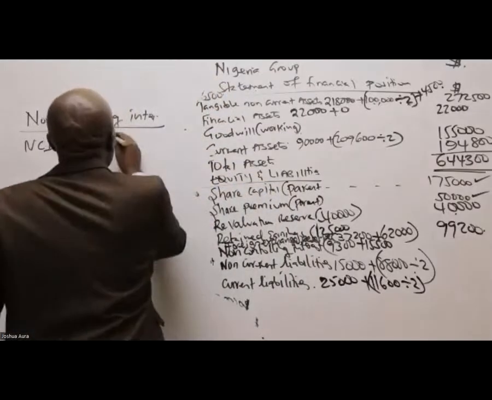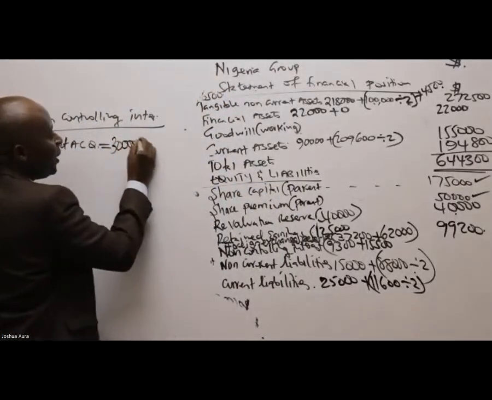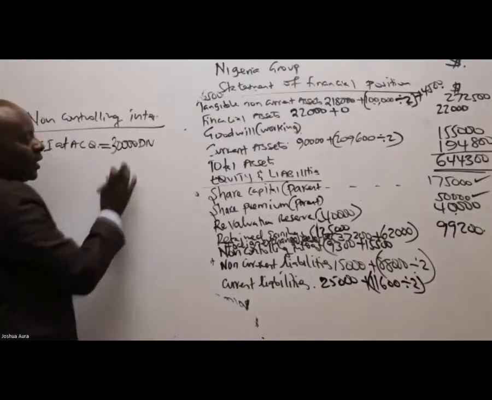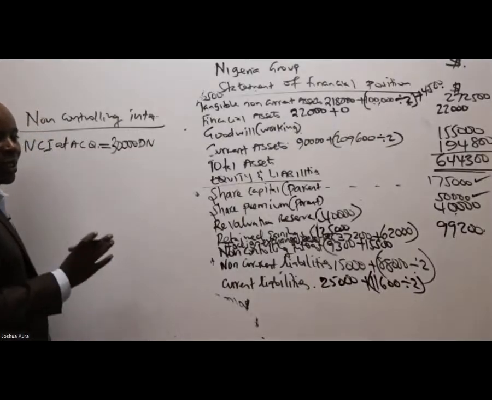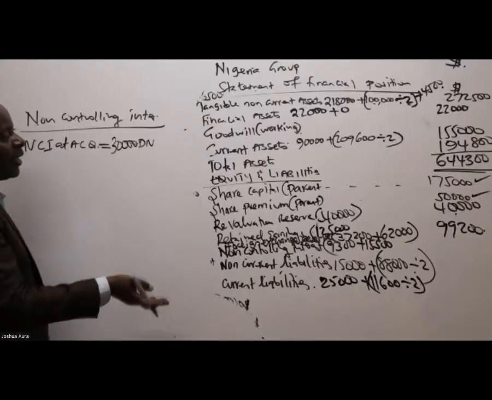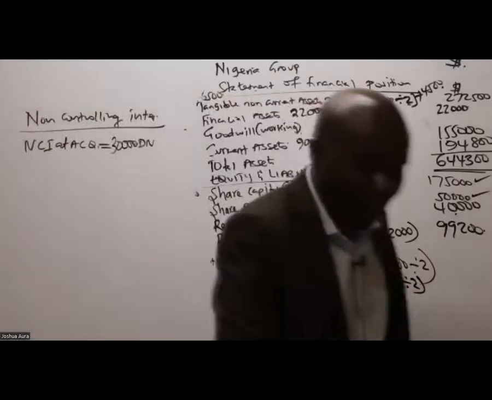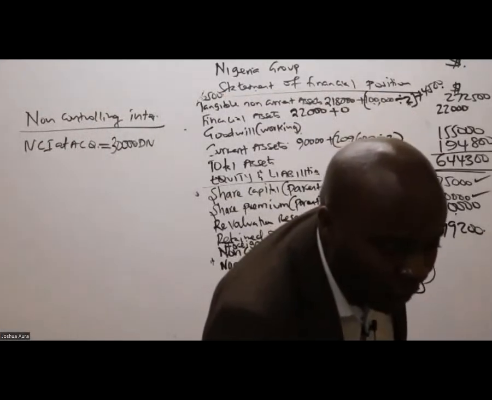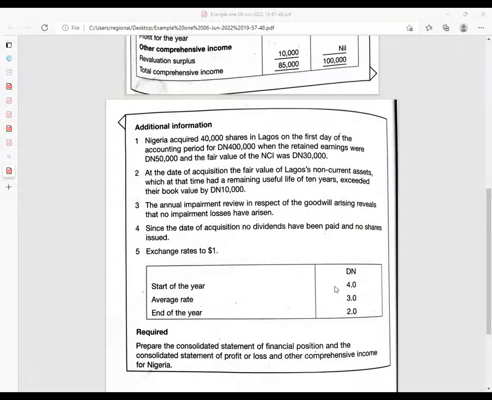But now remember that this 30,000 is in foreign currency, DN. I need to retranslate this. So can somebody tell me, of course I know I'm dividing, so what should I divide this with? Should I divide this with 2 or 4 when I'm retranslating here? It can't be the end of the year. It has to be at the start of the year when I was acquiring. Why am I saying that?